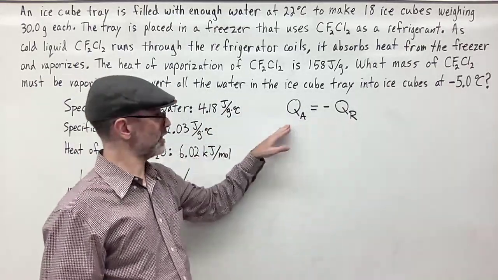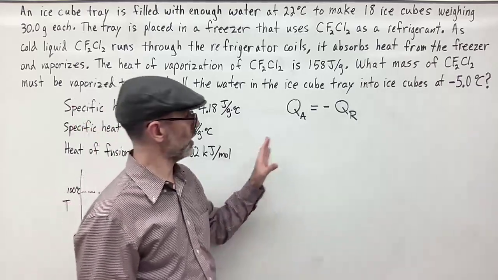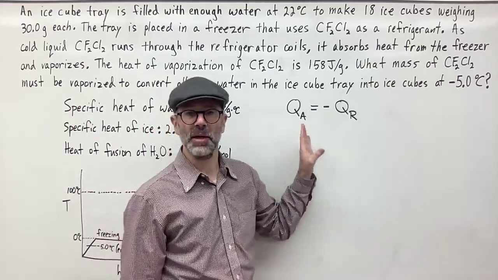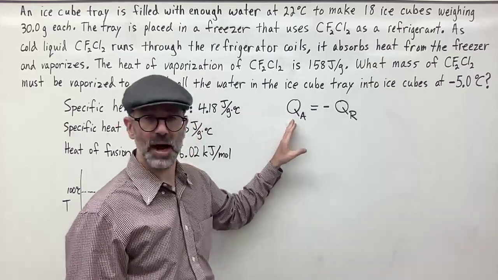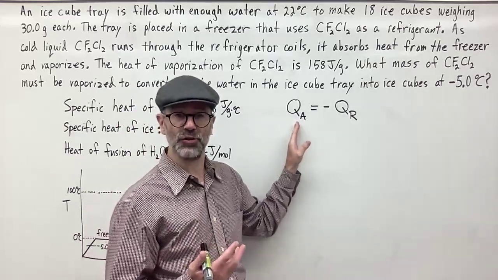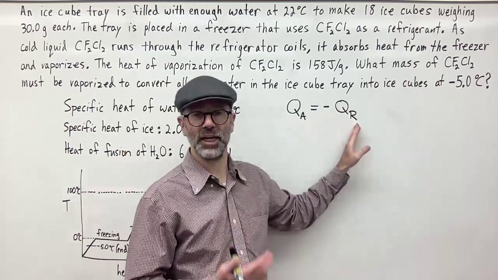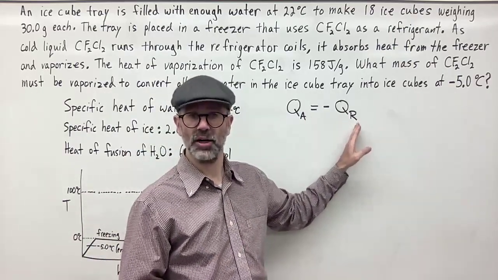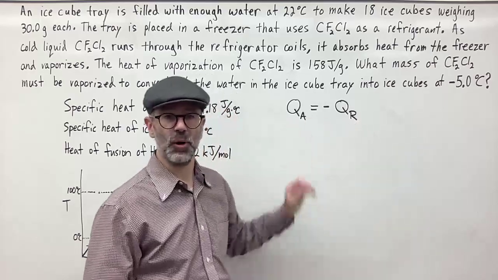So this is the law of thermodynamics, that no heat is lost during the process. So here we have the amount of heat absorbed by the CF2Cl2 is going to be equal to the amount of heat lost by the water, the amount of heat released by the water. So these two are equal.